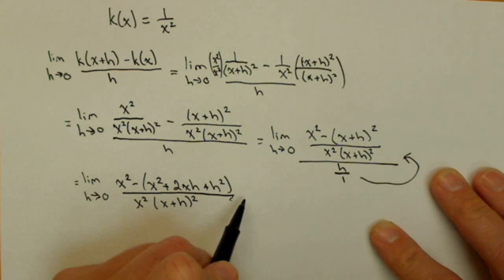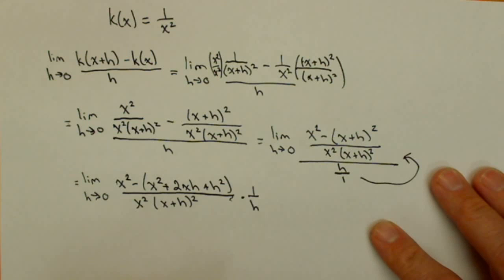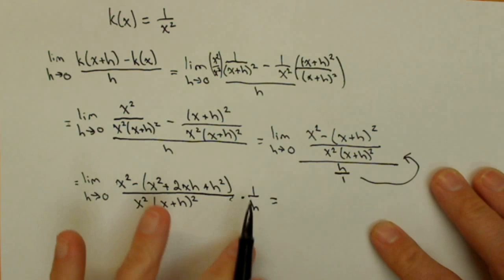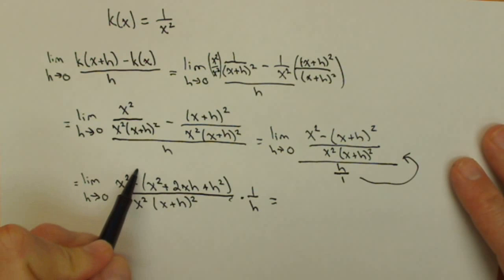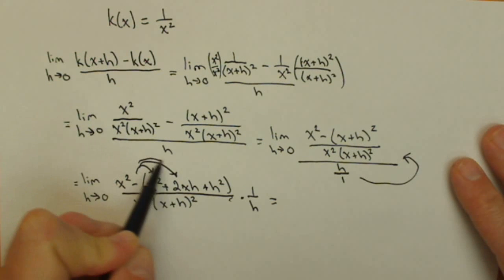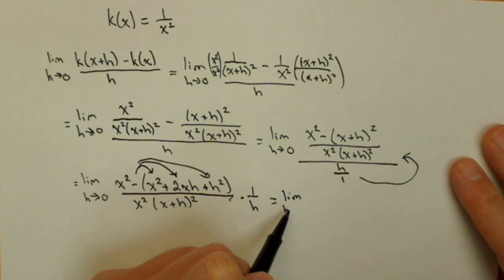Now instead of writing it all over h, I'm going to multiply by 1 over h here at the end. It's the same thing, just a cleaner way of looking at it, and it'll be useful going forward. And what I'm going to do is distribute this negative sign to all those terms, which is essentially going to turn them all negative.